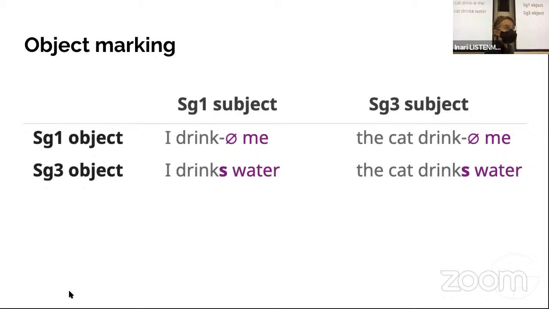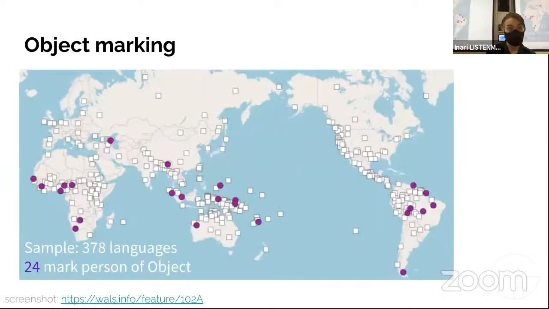And then we say I drinks water and the cat drinks water because they both have the S because of the object. So this is not an unheard of strategy. We have 24 languages of the sample that mark only one argument, and that is the object.